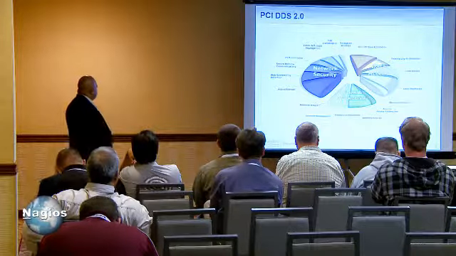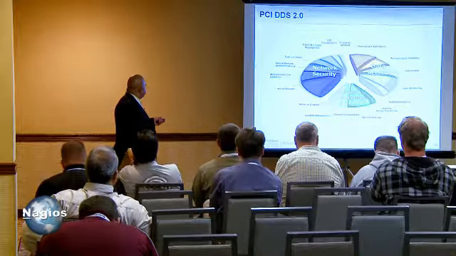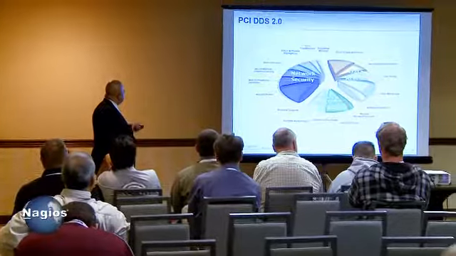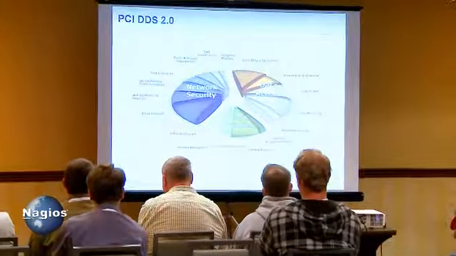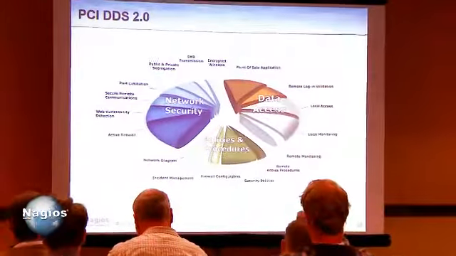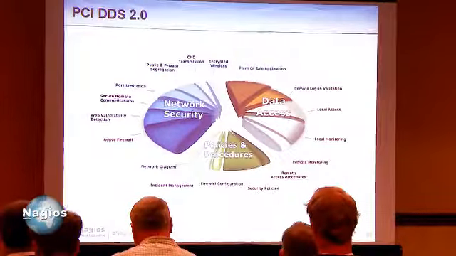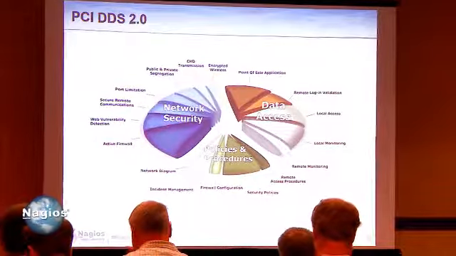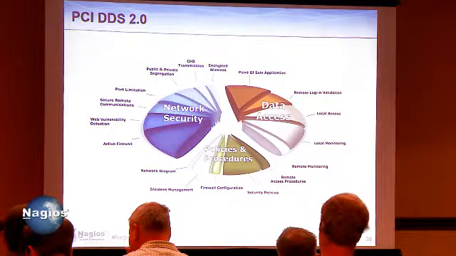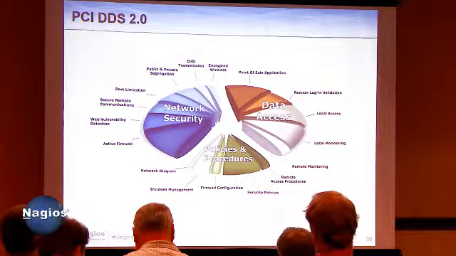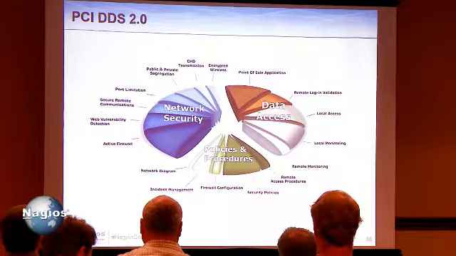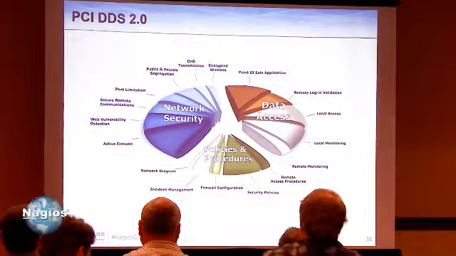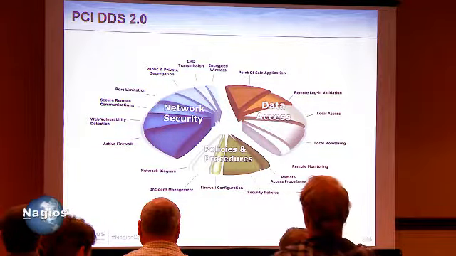With Nagios, we can cover network security, data access, policies and procedures. We can comply with local monitoring, remote monitoring, security policies, firewall configuration, incident management, web vulnerability detection. All this is part of PCI.